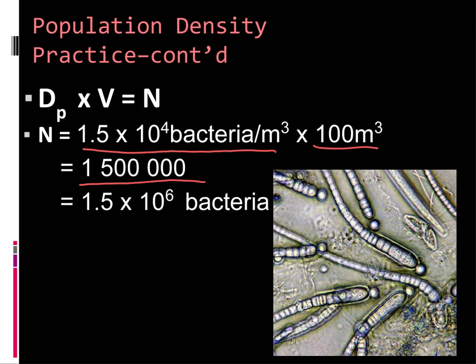Take that back to scientific notation because we need to be cognizant of scientific notation, and we would get 1.5 times 10 to the 6 bacteria total within that volume, given the density we calculated per that volume.